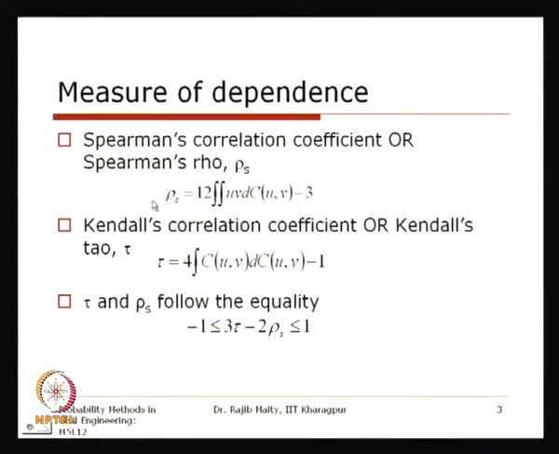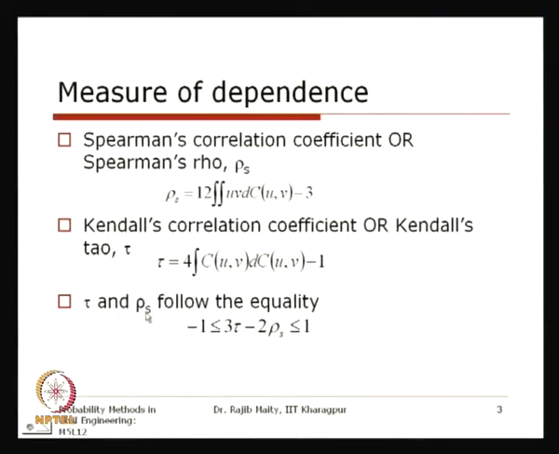So, this expression gives you Spearman's rho, and similarly Kendall's correlation coefficient, or Kendall's tau, which is 4 times the integration of this copula function with respect to that function C, minus 1, gives you Kendall's tau.